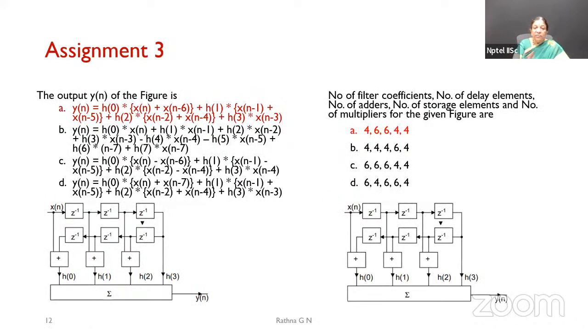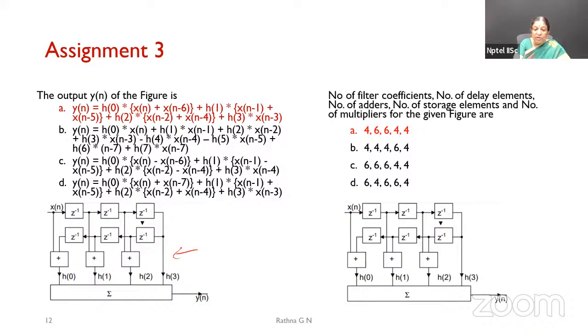The next one, you have been asked to check what this figure represents. Can you guess? This is a symmetric filter, as you can see. You will be adding x of n and x of n minus 6 and multiplying with h of 0.